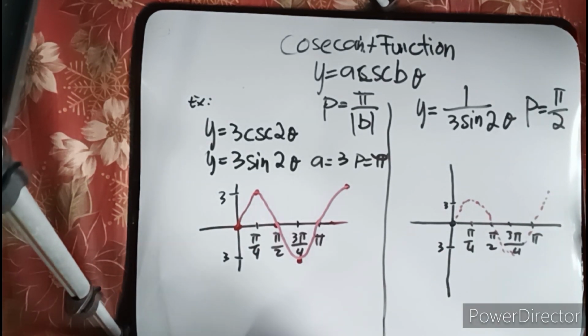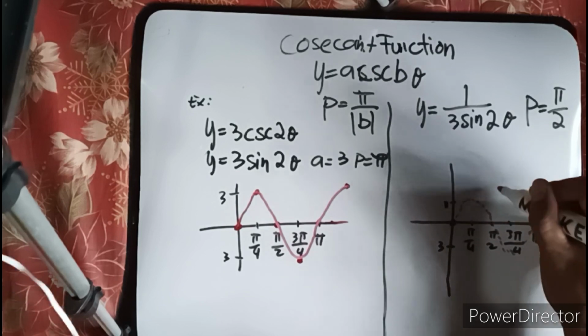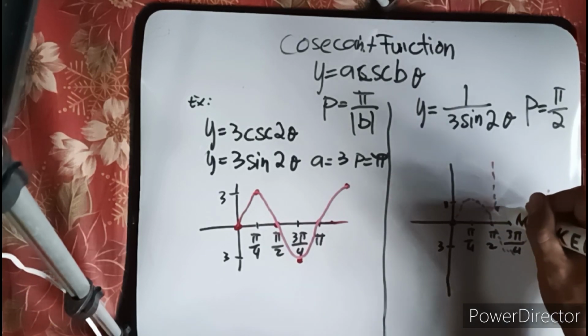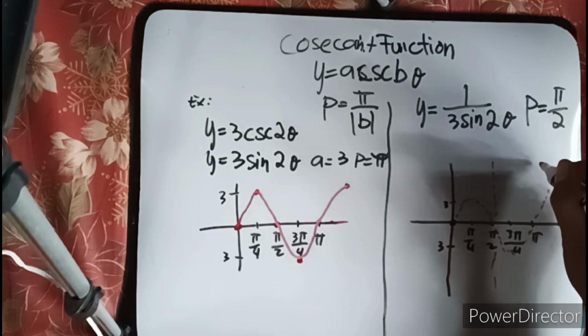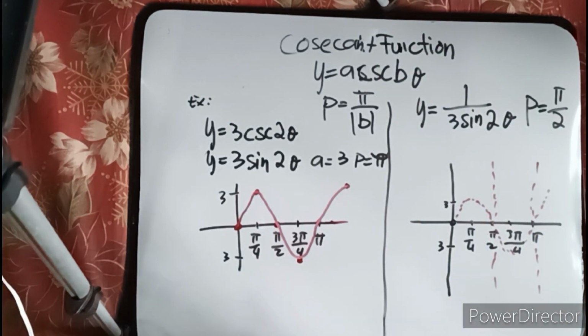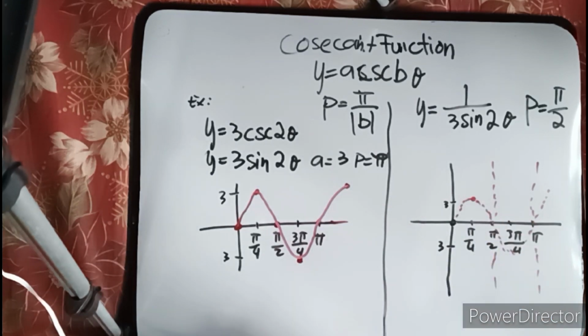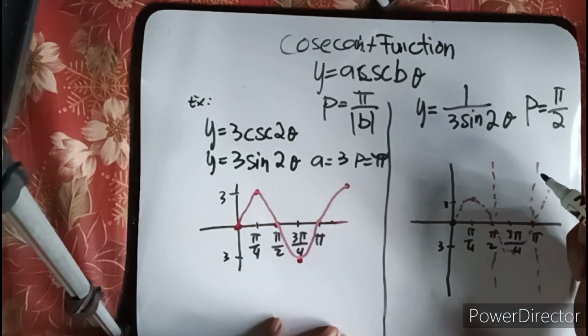So in this function, we now have an asymptote here, and this point right here is now the vertex of our graph in the cosecant function.